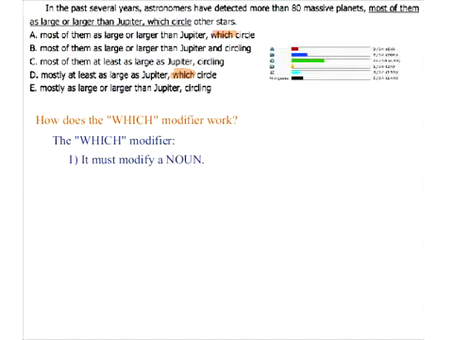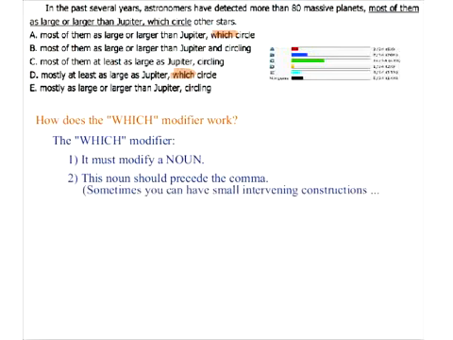Now, as far as how exactly it needs to precede the comma, that's the subject of the next few problems in this session. Sometimes you can have small intervening constructions between this noun and the comma, but that's the main theme of today's discussion.